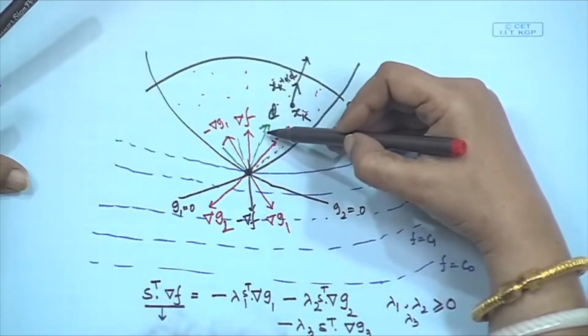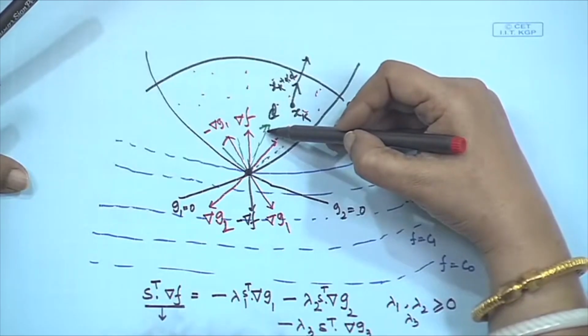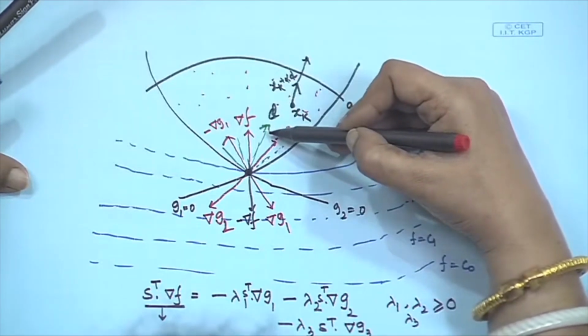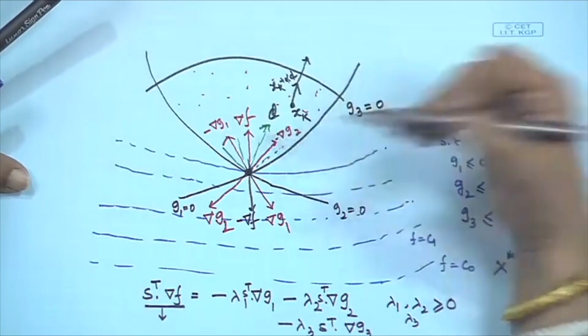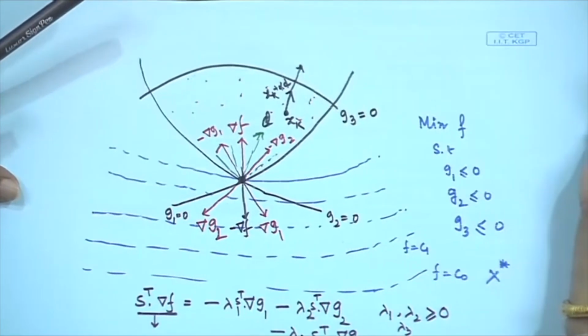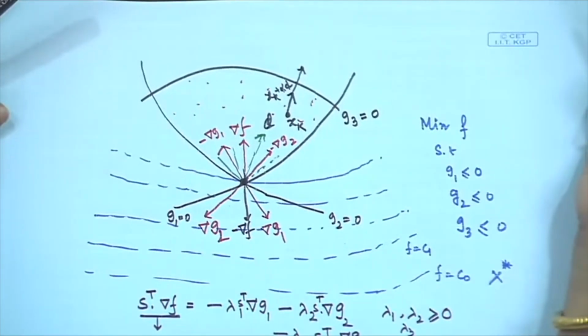If I just show you this one, you could see that the feasible direction can be defined because this is the collection of feasible points, that is, the collection of points which satisfy all the constraints together. That is why feasible direction is with respect to the constraint set. Okay.